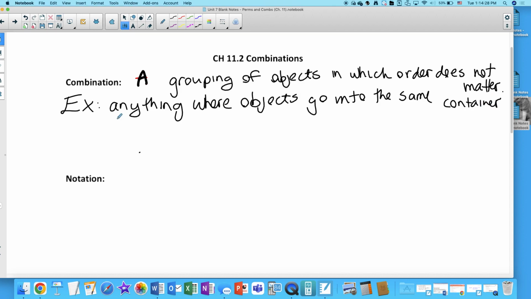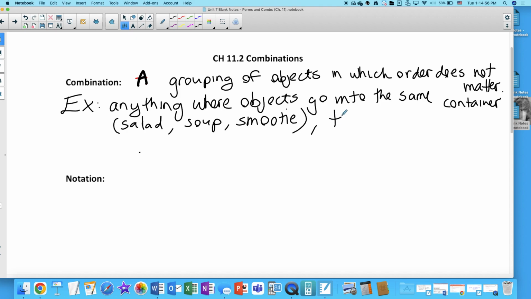So for example, salad, soup, smoothies, something like that. Or you could even think of it as items in a bag. Like let's say you go trick-or-treating and you get all these different candies. The candies are all going into the same bag. Right? That's also sort of like a grouping.